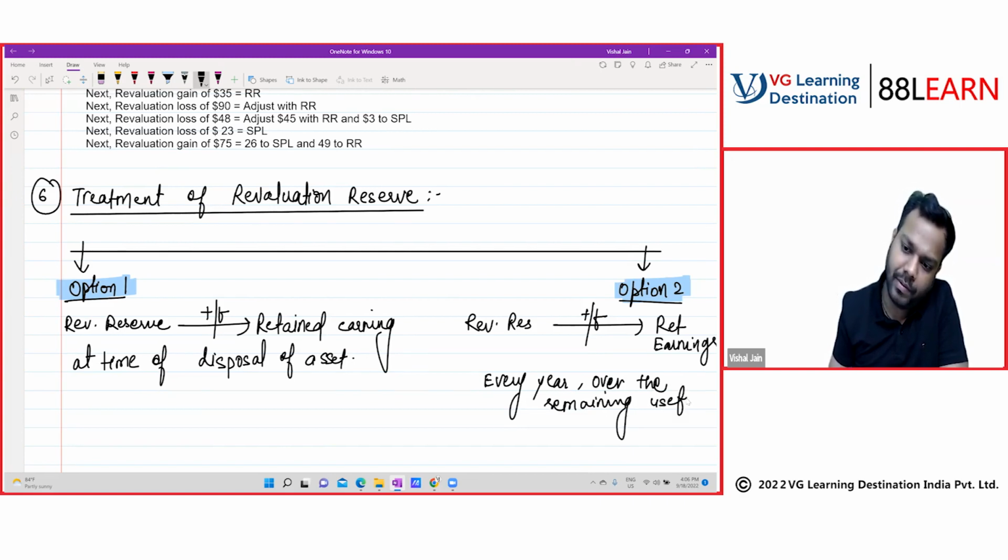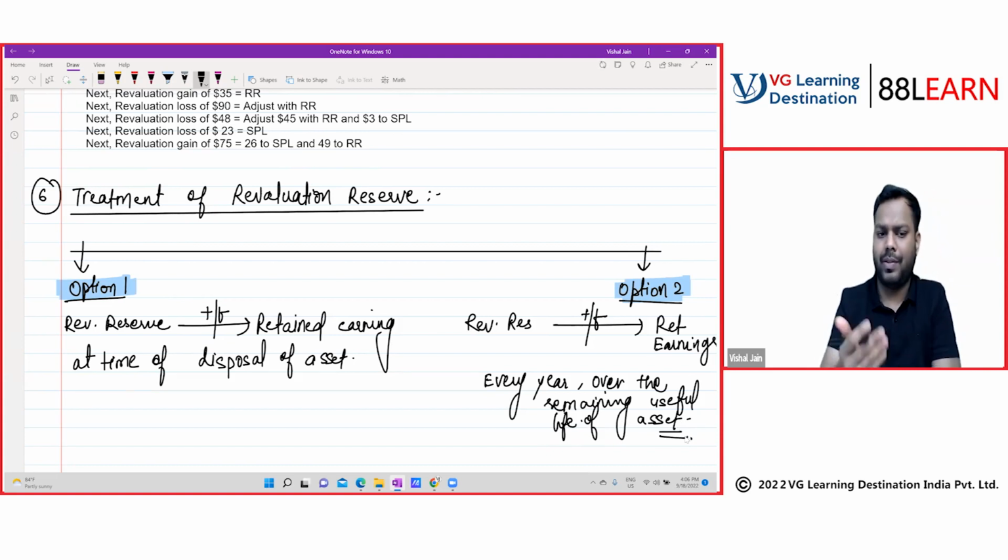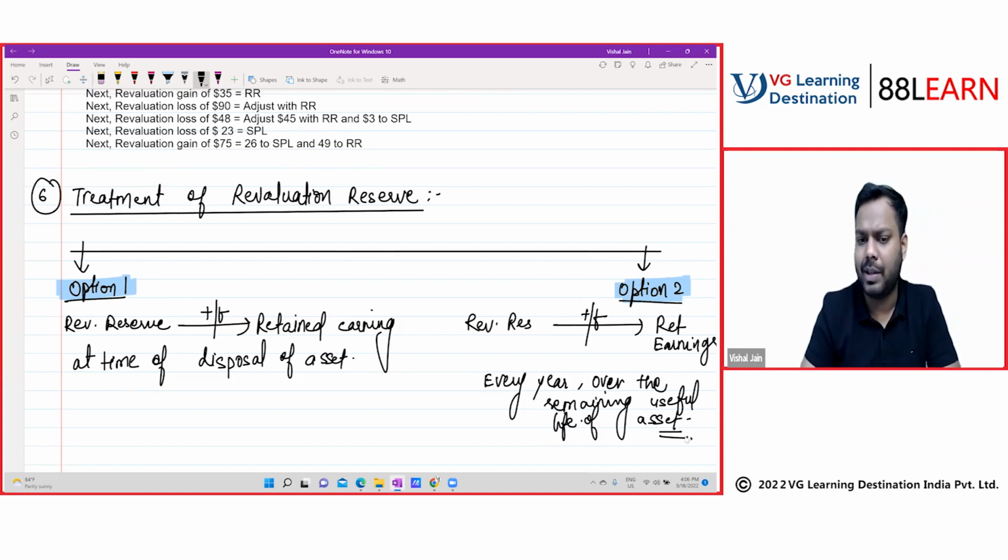There is nothing in this to explain, but this is the treatment that is being followed. Tell me, is it clear, everyone? Guys, come on, tell me. Is it clear, everyone?